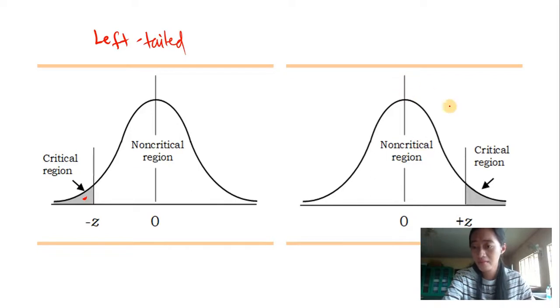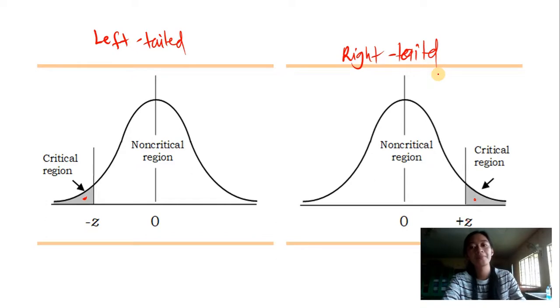For the other one, if it falls on this side, if it is larger than this value, this is called a right-tailed test, meaning you have evidence against the null on the greater end.